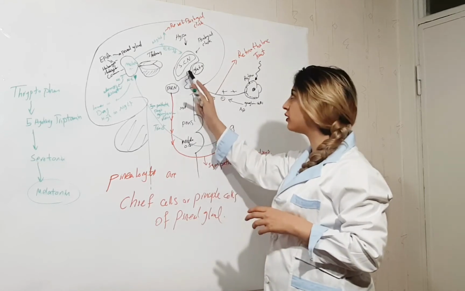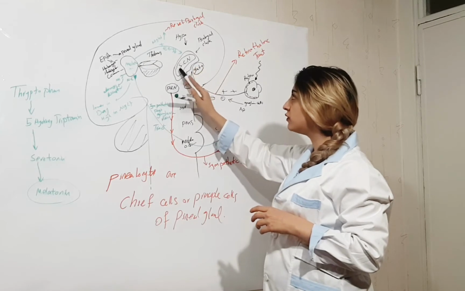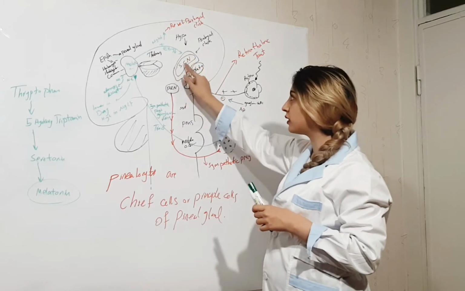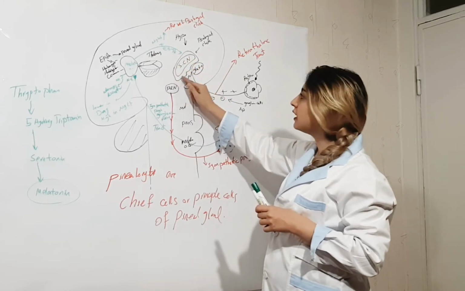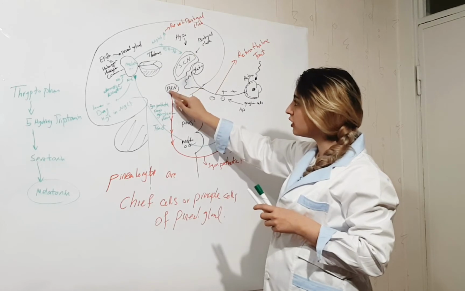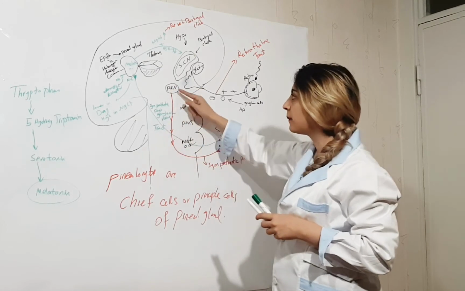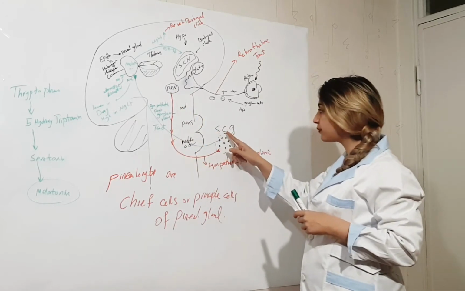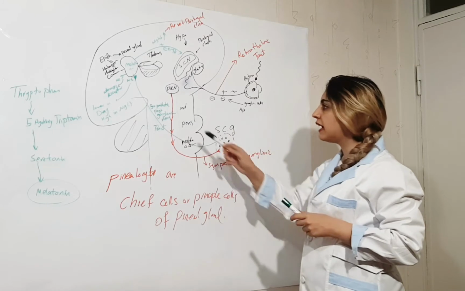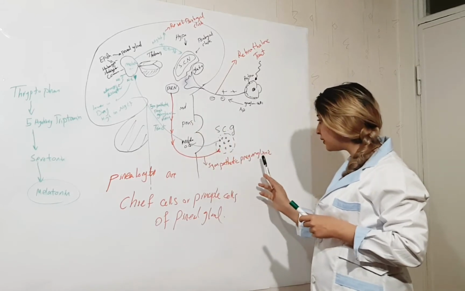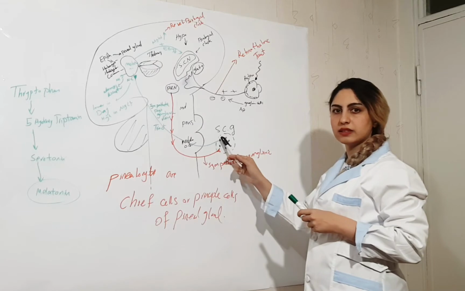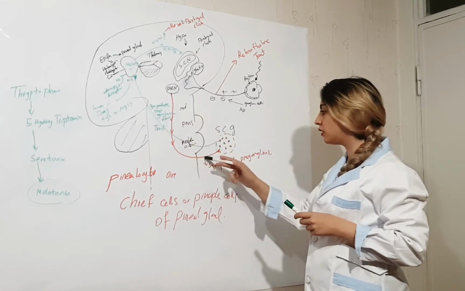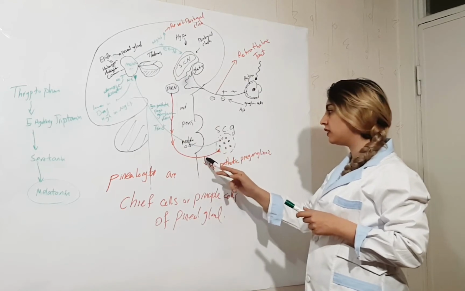Glutamate is stimulatory, and it has a relation with the suprachiasmatic nucleus. Some processes happen in the suprachiasmatic nucleus, and finally it will release another neurotransmitter to the paraventricular nucleus. What happens then? From the paraventricular nucleus there will be a tract to the cervical ganglion, and this tract is called the sympathetic preganglionic pathway.